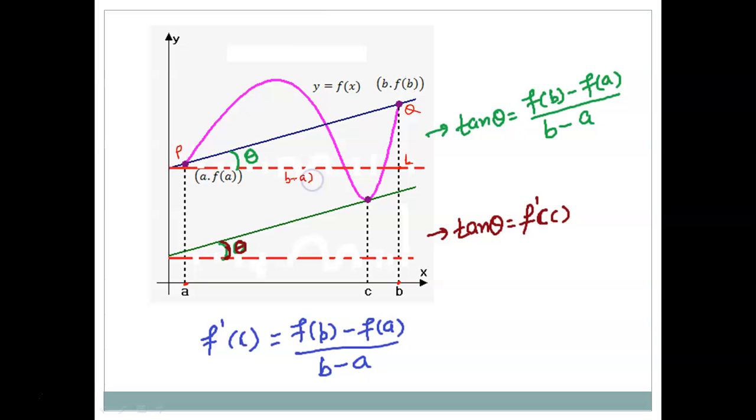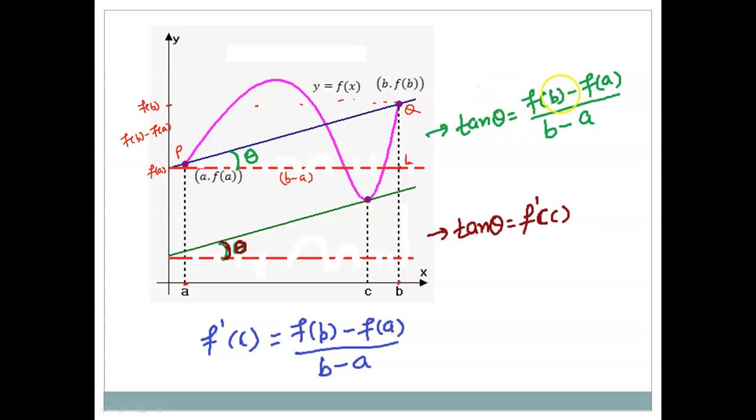The length of the base is b minus a, and the length of the perpendicular is, because corresponding to this point the y coordinate is f of a, and corresponding to this point we draw the perpendicular here, this is f of b. So this length, the perpendicular QL, is equal to f(b) minus f(a).